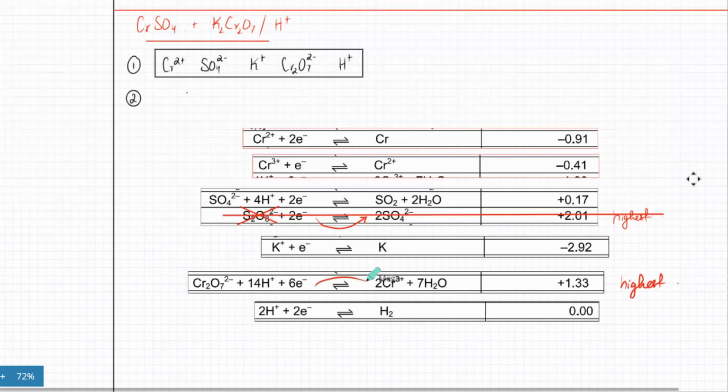It's going to go in the forward direction. And do I have Cr2O7? I do. Both things are present. I got Cr2O7 2 minus, and I also have H plus. So both of these things are present, which means I figured out who's going to gain electrons.